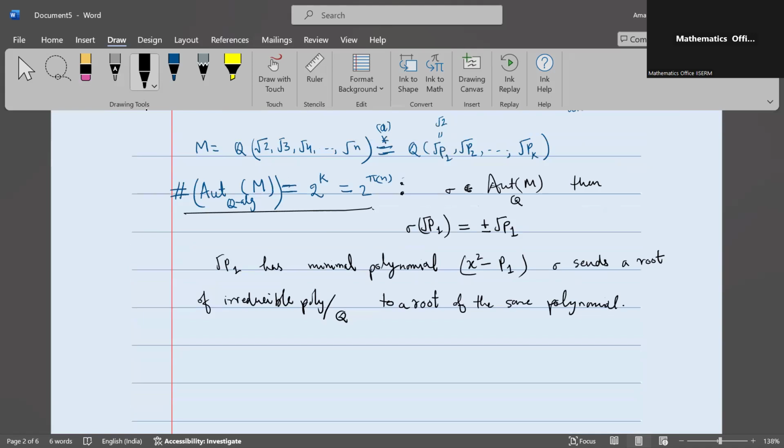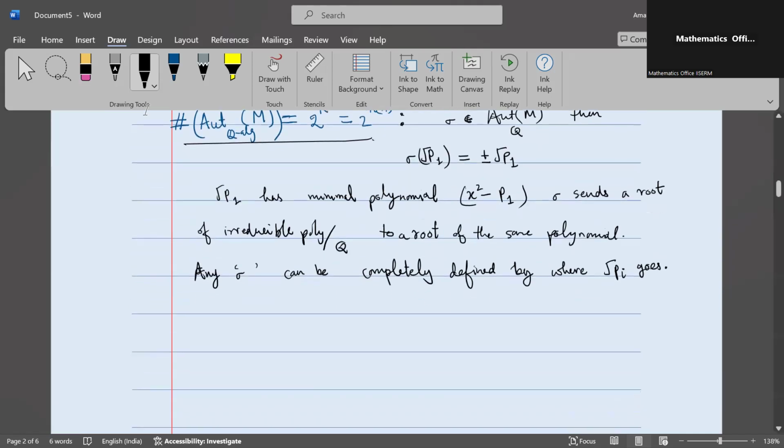So any sigma, which is a Q-algebra automorphism, can be completely defined by where root Pi goes, because the root Pi's form a basis for M.